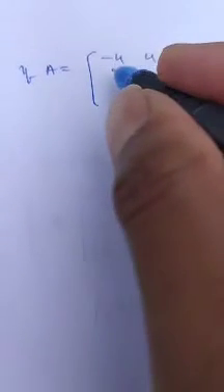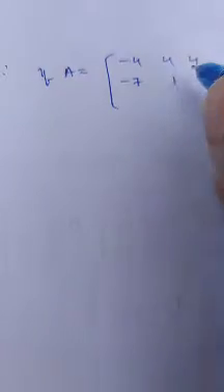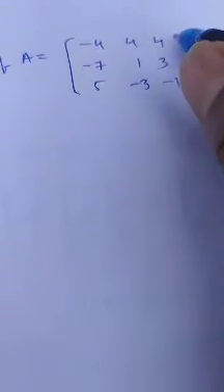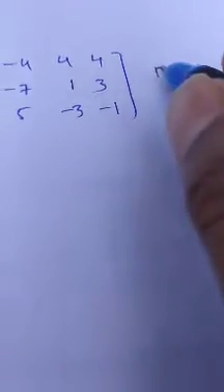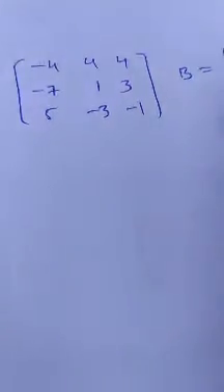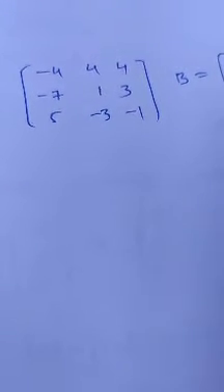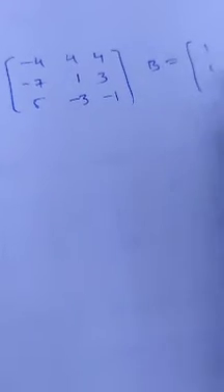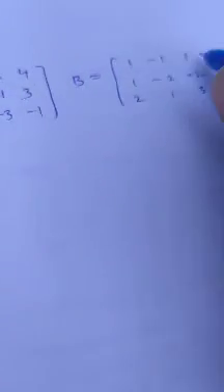If capital A is minus 4 4 4, minus 7 1 3, 5 minus 3 minus 1, capital B is 1 minus 1 1, 1 minus 2 minus 2, 2 1 3.